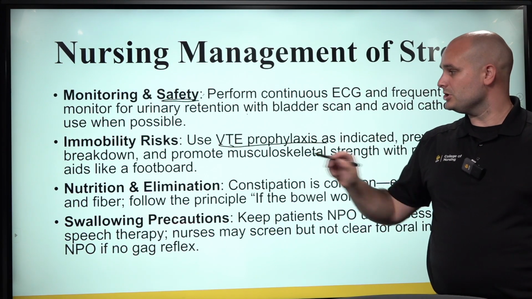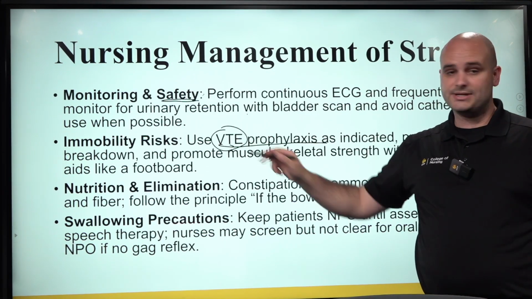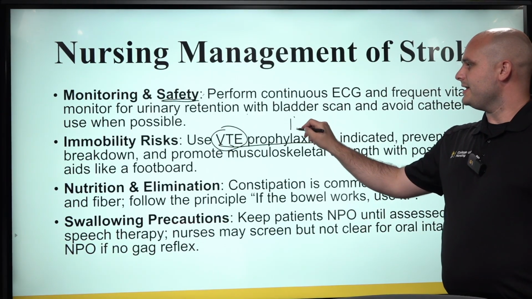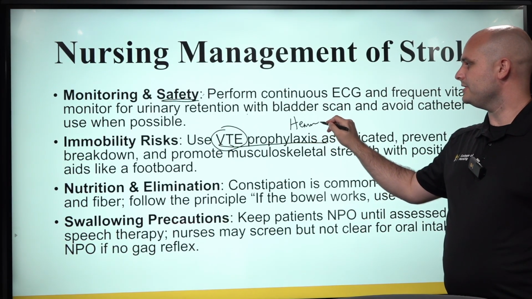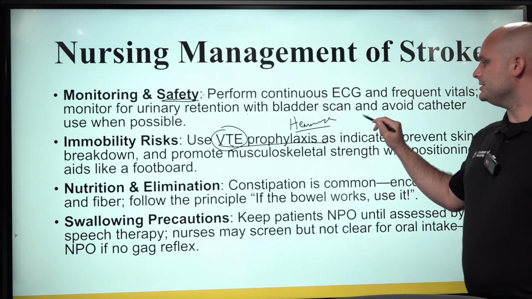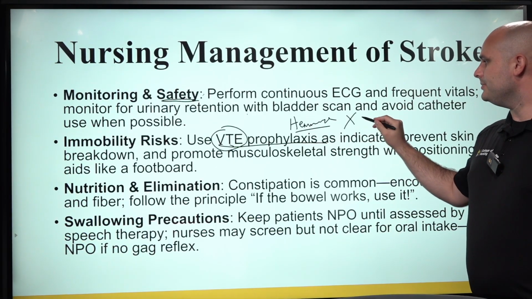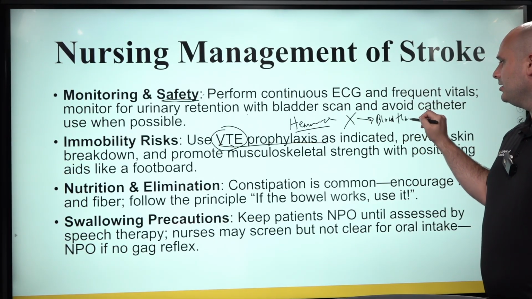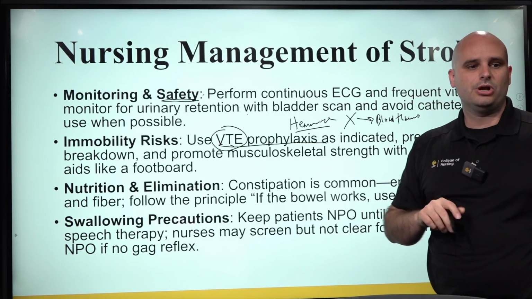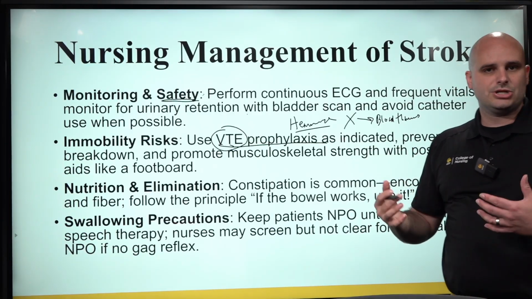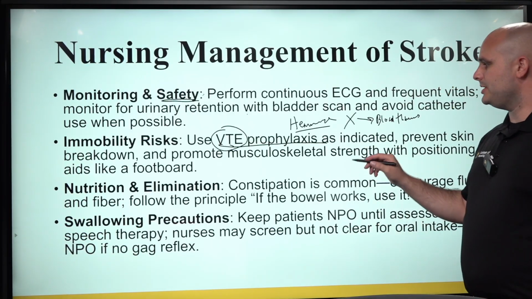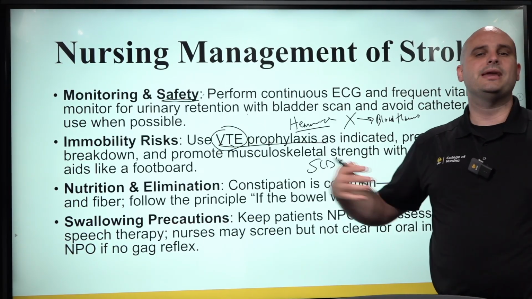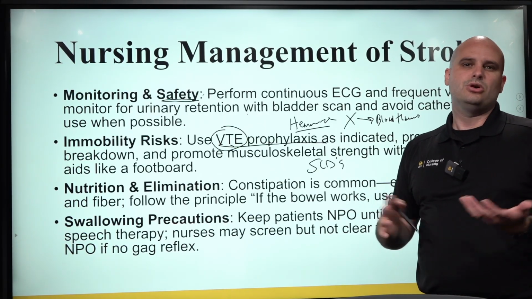But we want to make sure if we're giving them DVT prophylaxis, right, thromboembolism, if they have a hemorrhage, then we don't want to give them blood thinners initially, or medications that cause more bleeding. These type of patients with hemorrhagic will get SCDs, and with ischemic, they may get medications like Lovenox or heparin.